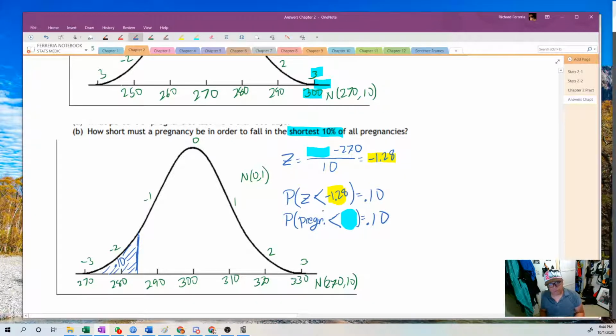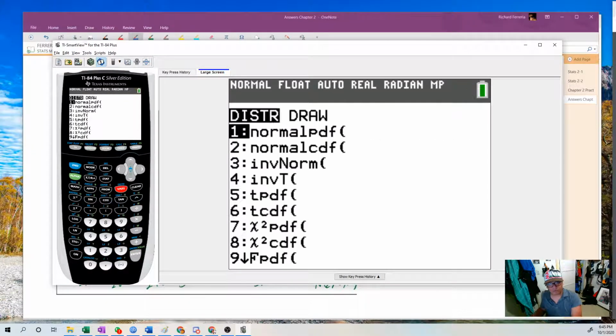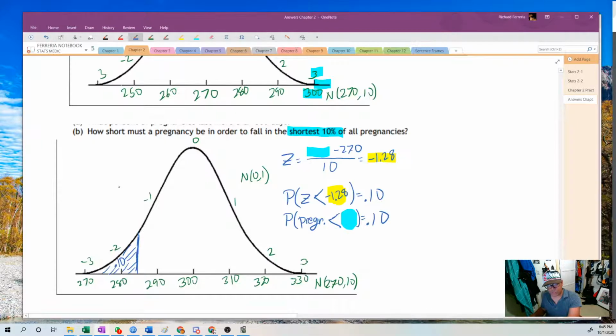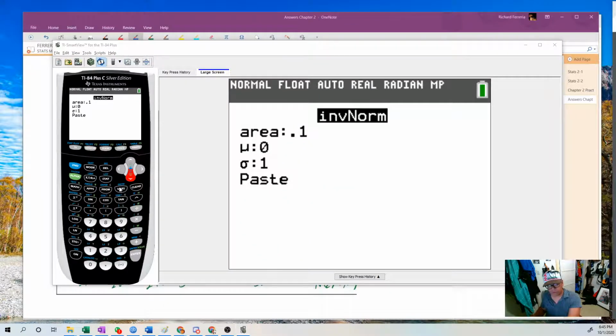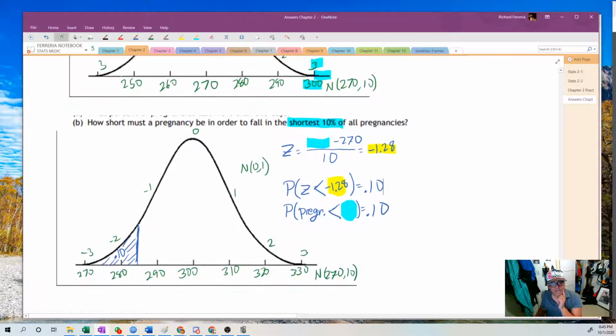Next, we're going to do this same operation, but we're going to do this in context. So in context, we have area still 0.1, but we know that the mean pregnancy is 270. No, it's 300. 300? Something tells me that, no, yeah, it's 270.